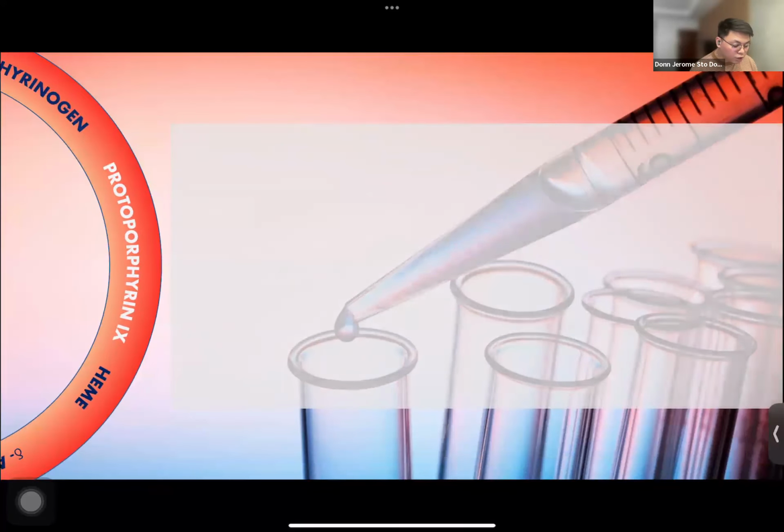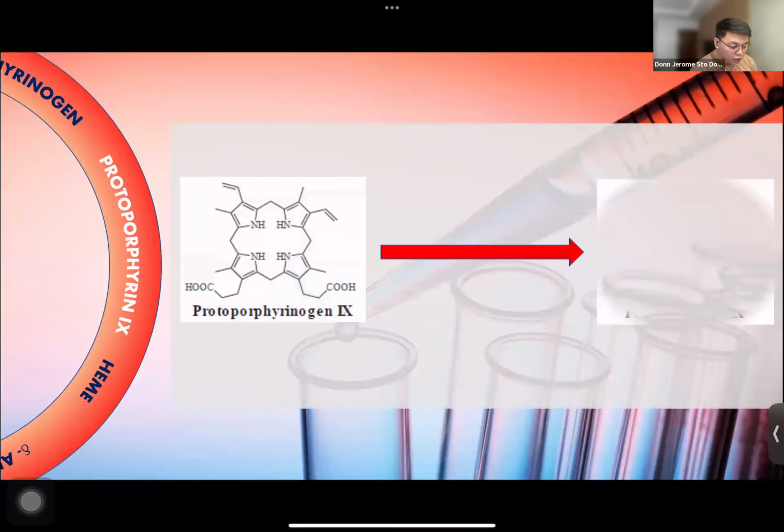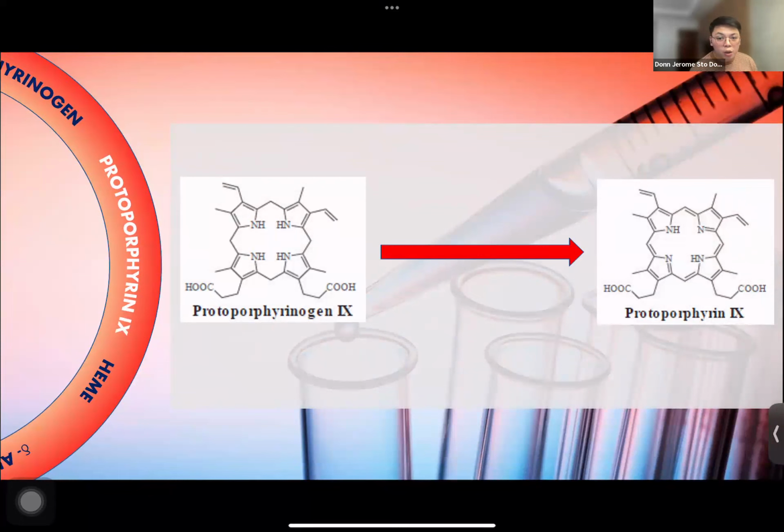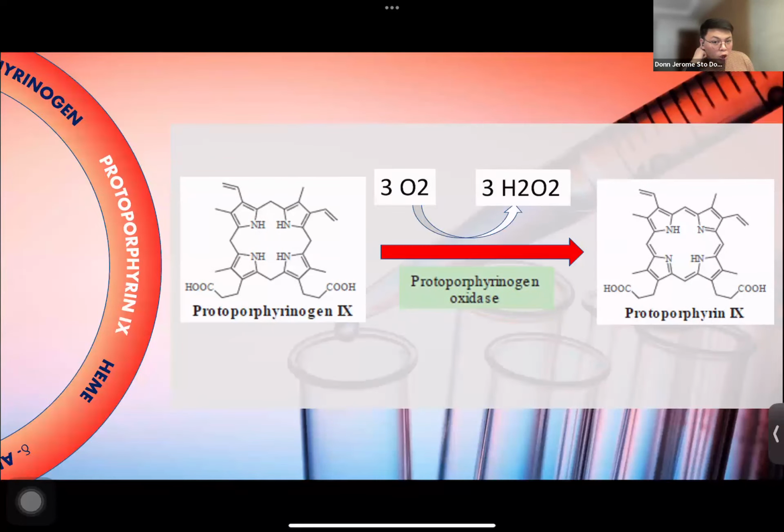Another round of oxidation converts protoporphyrinogen to protoporphyrin with the help of the enzyme PPOX, protoporphyrinogen oxidase. What can you notice about the difference of protoporphyrinogen and protoporphyrin with regards to its structure?